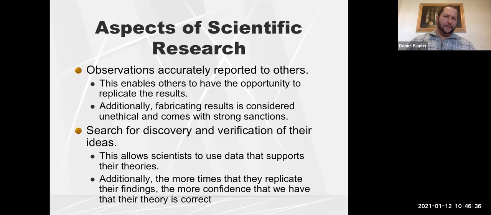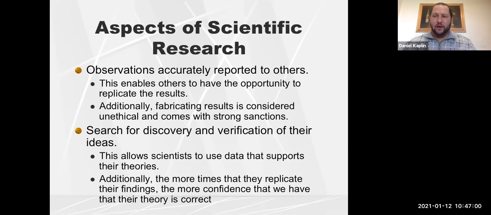First thing we said about the evolved theory of science is that you have to accurately report your information to others. Now, it's very important how you report your findings and how you did your methodology, because that's going to impact other people's ability to replicate your findings.